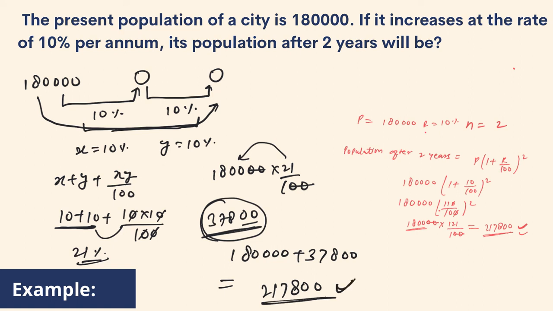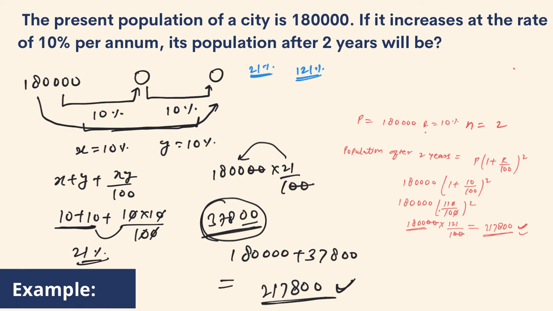If you know that the percentage increase is 21% and you have to calculate the total population, you need not calculate the increase only. You could have calculated 121% directly. Because I know 21% is the increase, but I need the total population after 2 years, that would be 121%.